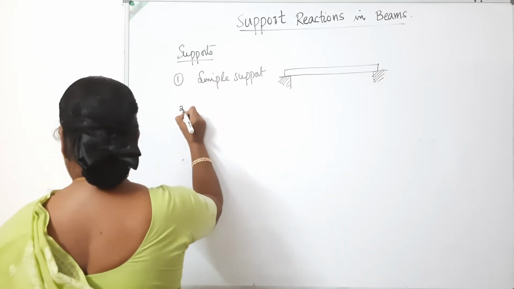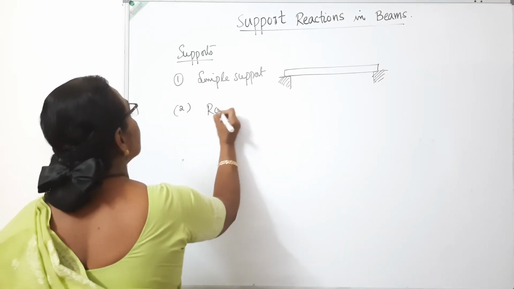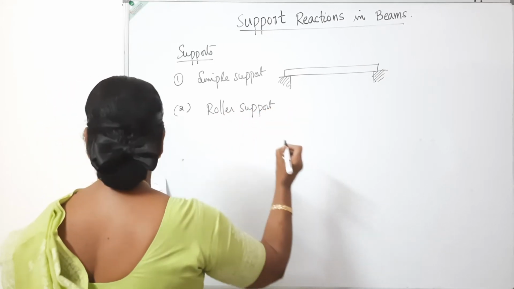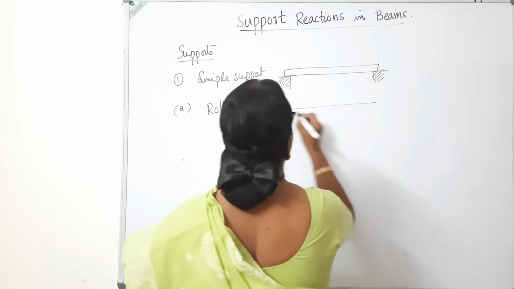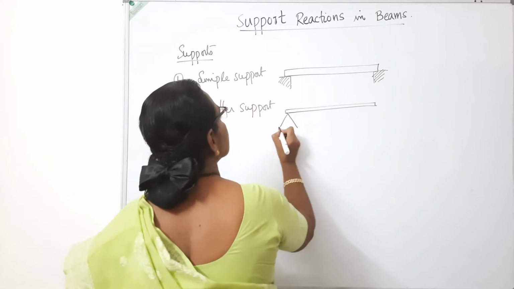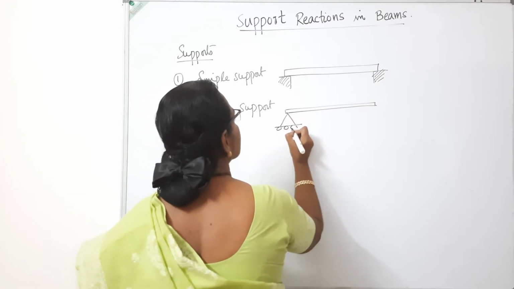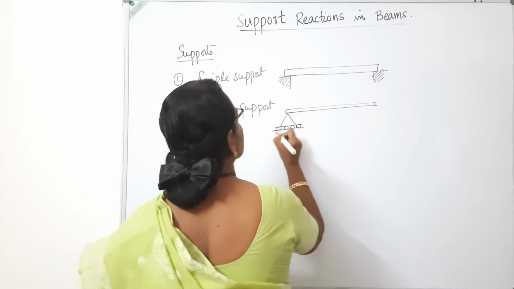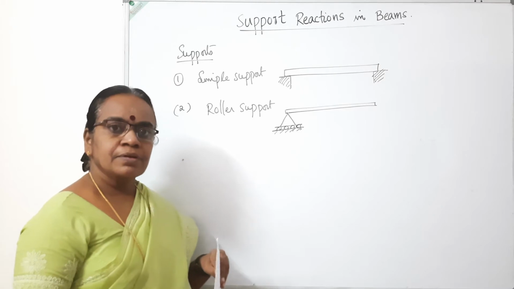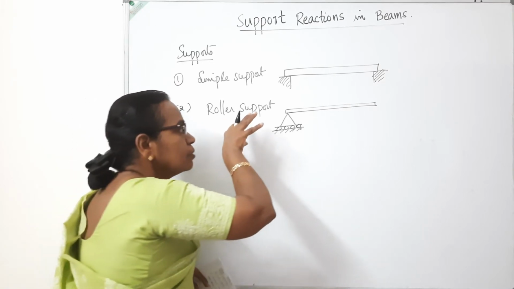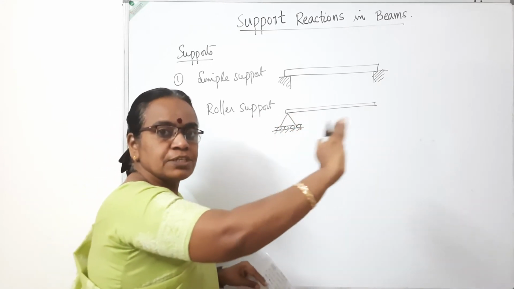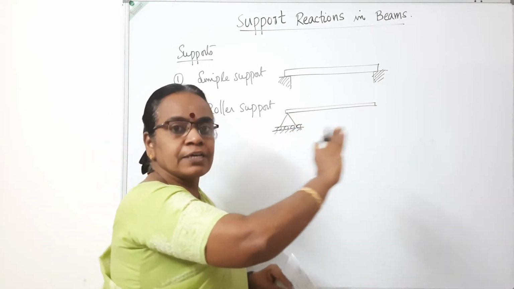Then it can have a roller support. A roller support is represented like this. Then the beam can move in this direction. Along the direction of the roller, it has the flexibility to move, the horizontal displacement.